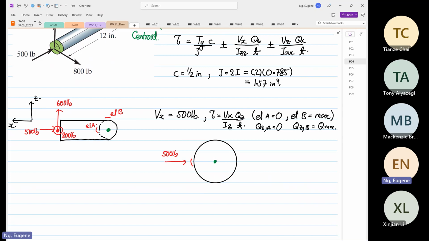This is our element A, element B, and this is the axis of the centroid of interest.